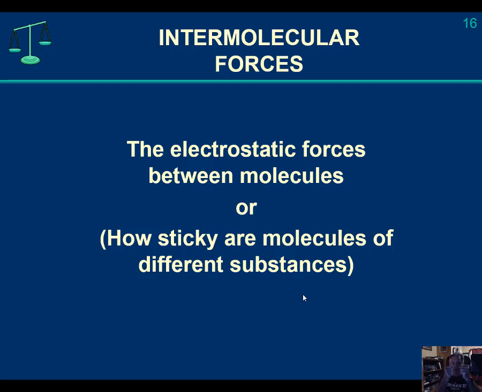So if two molecules are very sticky, it's going to take an awful lot of energy to move them apart, to break those intermolecular forces between those particular particles. So let's take a quick look at a short video on phase changes, changes in states of matter.